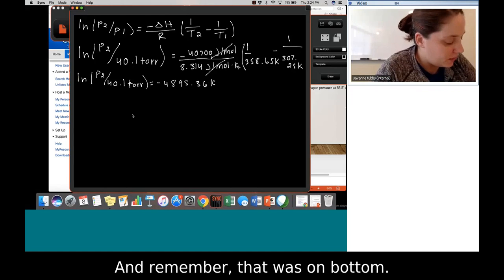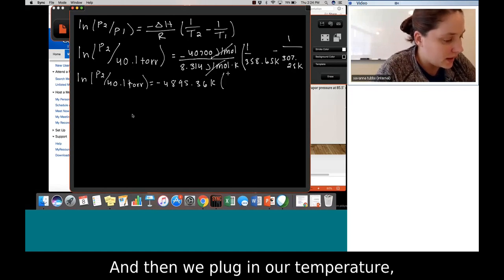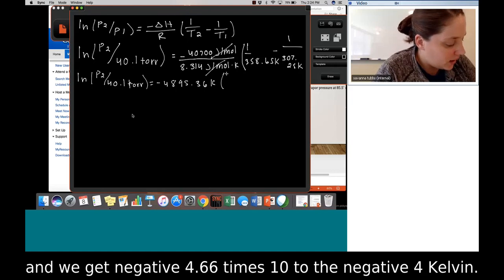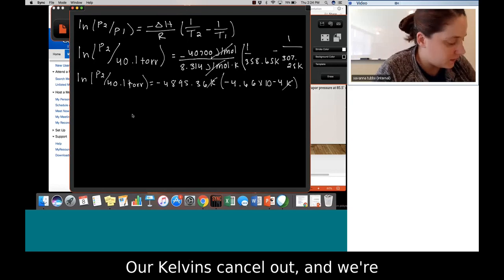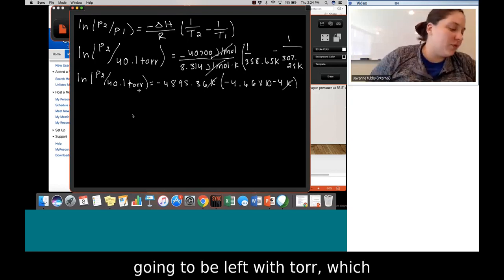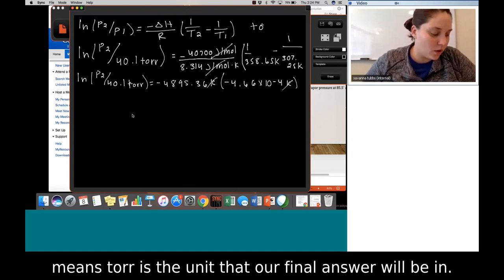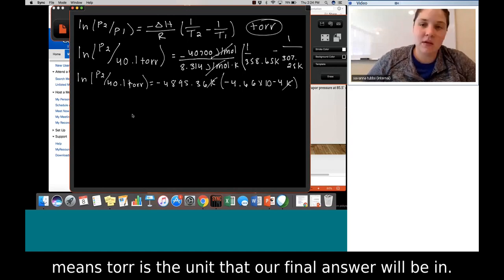And remember, that was on bottom. Then we plug in our temperatures, and we get negative 4.66 times 10 to the negative 4 per Kelvin. Our Kelvins now cancel out, and we're going to be left with torr, which means torr is the unit that our final answer will be in.